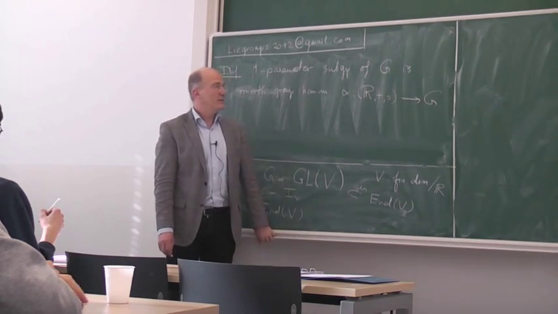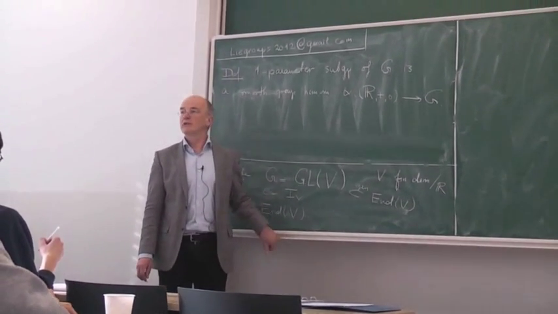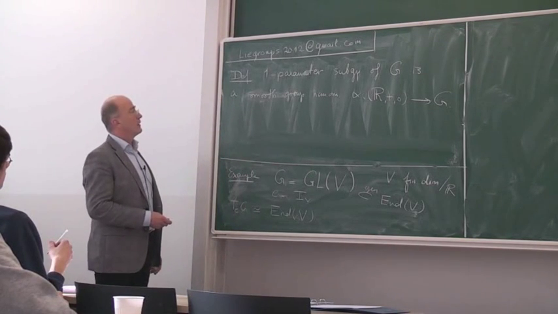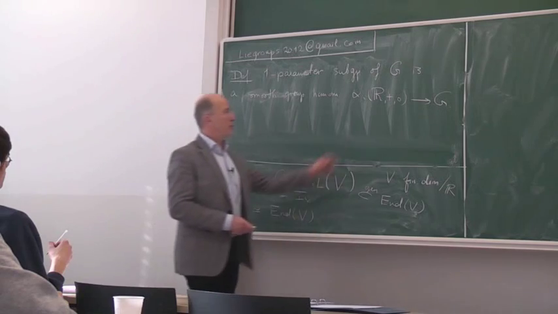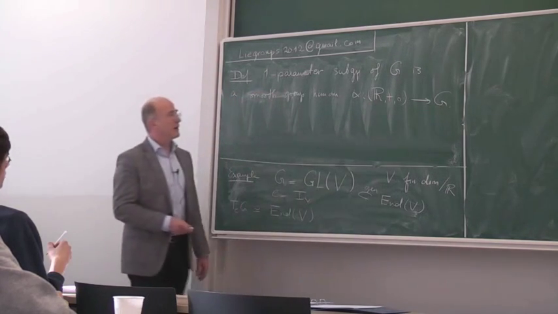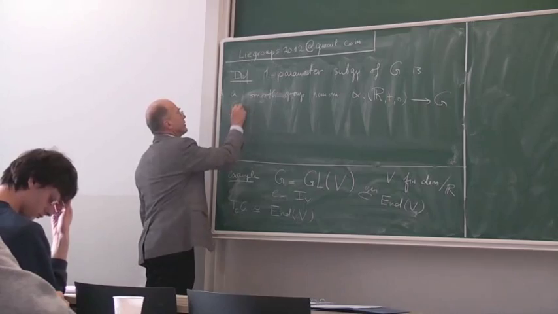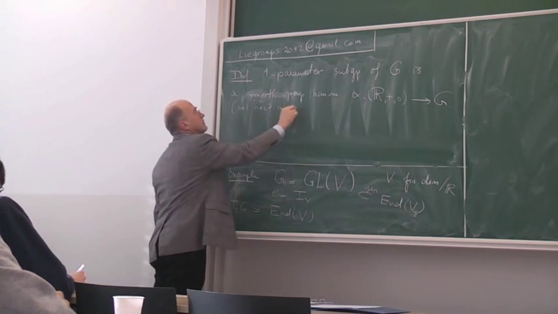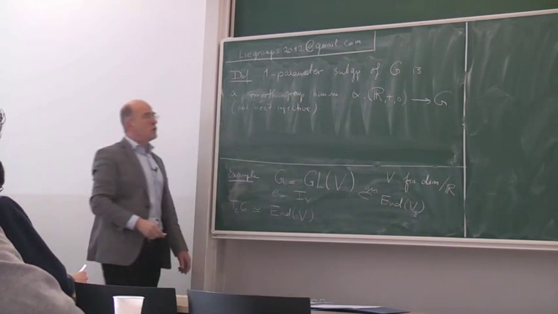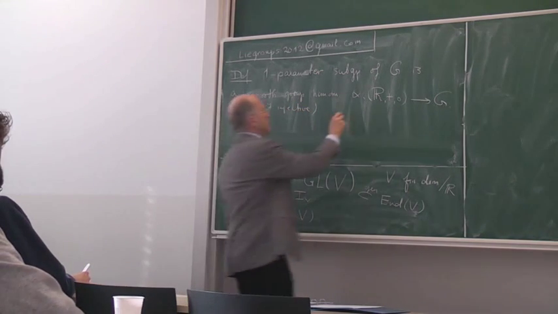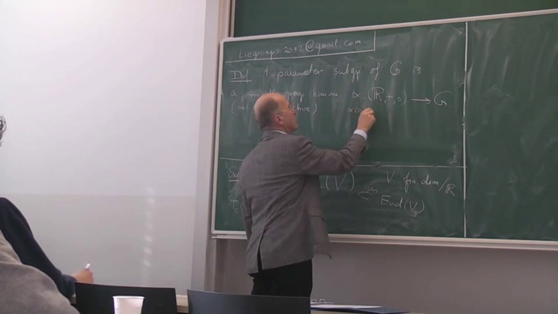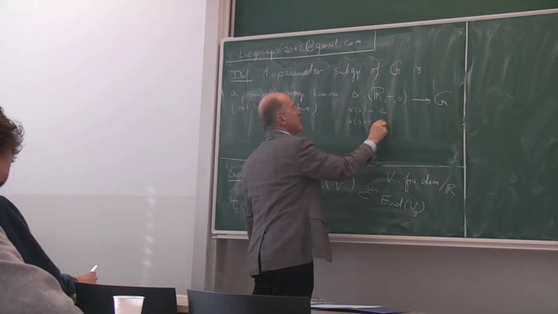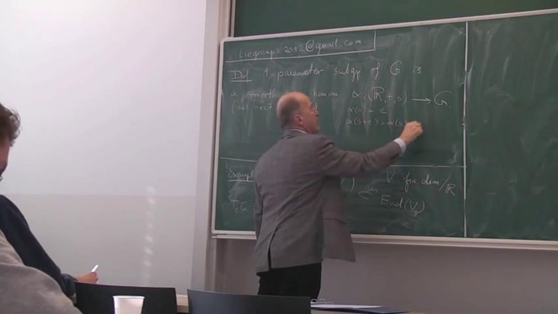For instance, the image of alpha could be a circle which would be run through indefinitely as the time parameter goes to infinity in R. So this is not necessarily injective. It is just a smooth map having the properties that first of all alpha of 0 is the identity element, and secondly alpha of s plus t is alpha s times alpha t.